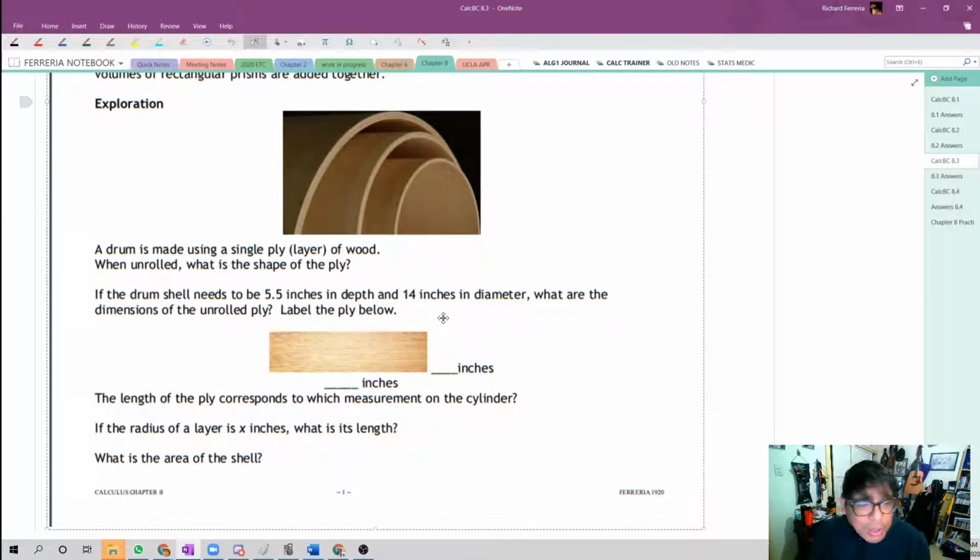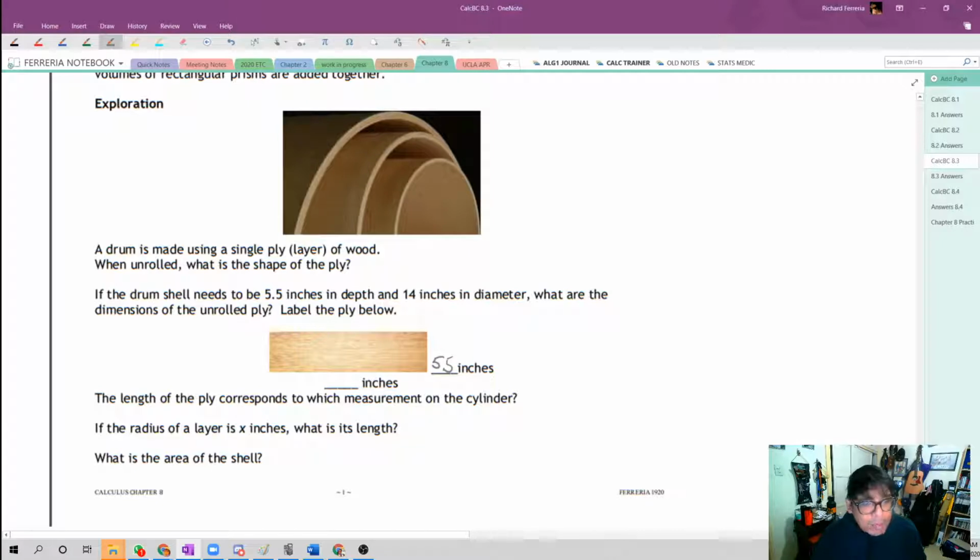But let's just take a look at the rectangle. We've got a drum shell that's 5.5 inches deep and 14 inches in diameter. So if I unroll that layer, I get this shape over here. And this drum shell is 5.5 inches deep, so this is going to be 5.5. And of course, this end matches up with this end over here to create that circle.